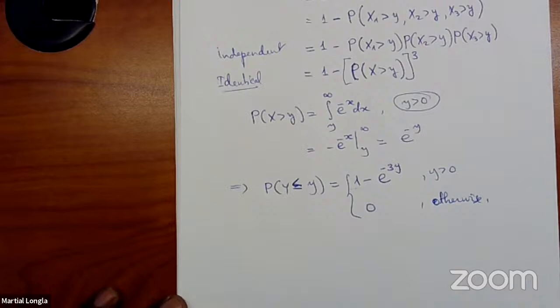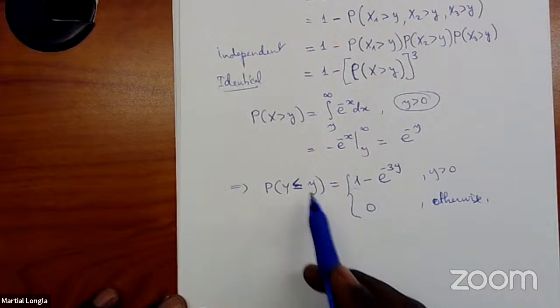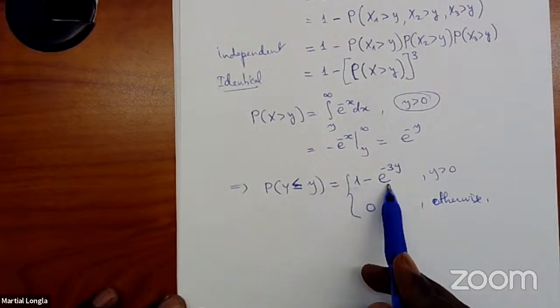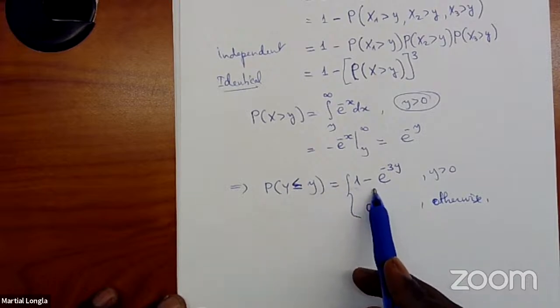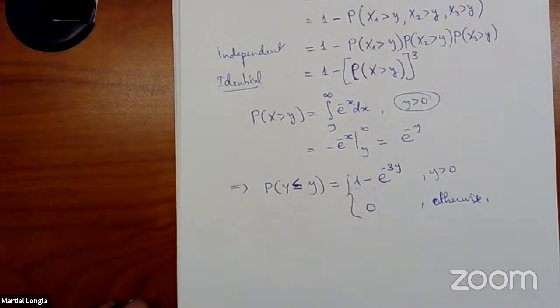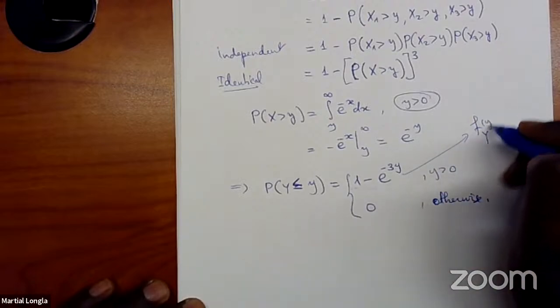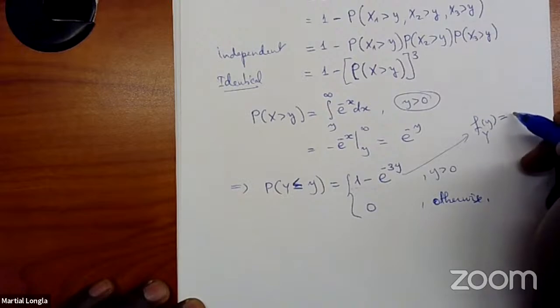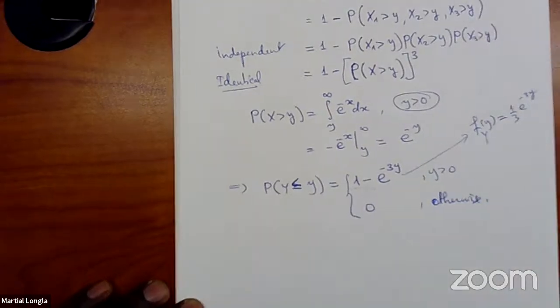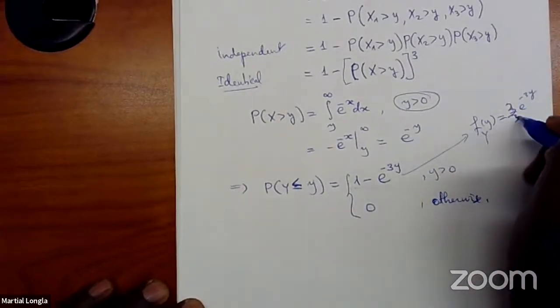It doesn't explain the 1 minus at the beginning. This is the CDF. Take the derivative of that, and you have the PDF. Little f_Y of y is equal to 3 e to negative 3y, sorry, 3 e to negative 3y, not 1/3.